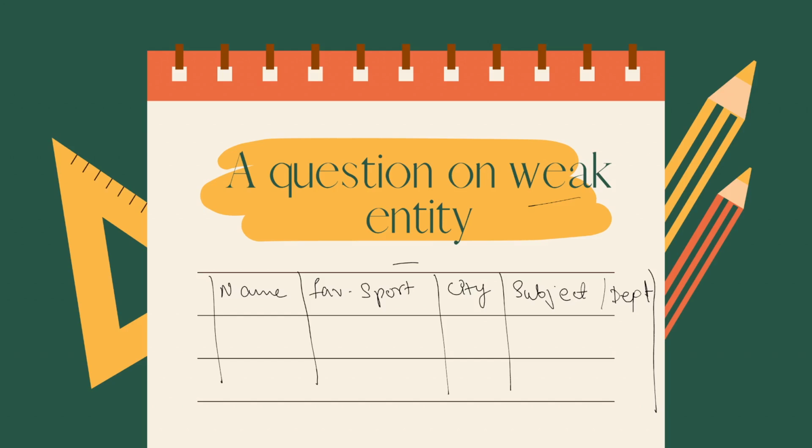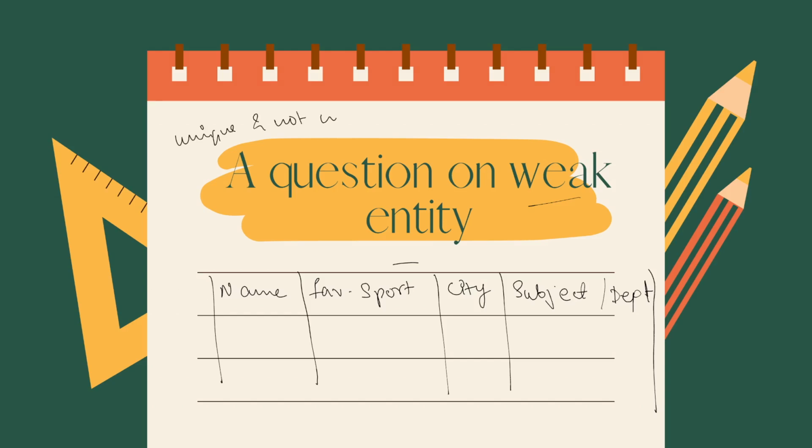So weak entity is the entity that cannot be uniquely identified by its own attributes alone. So it must use a foreign key along with the attributes that it has in order to create the primary key. What is a primary key? It is unique and not null.